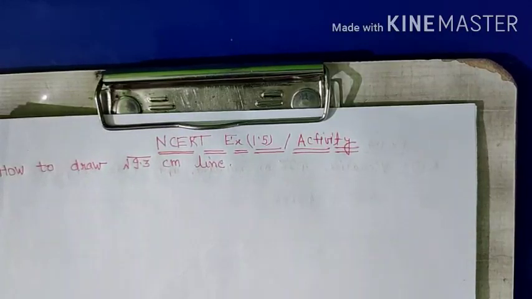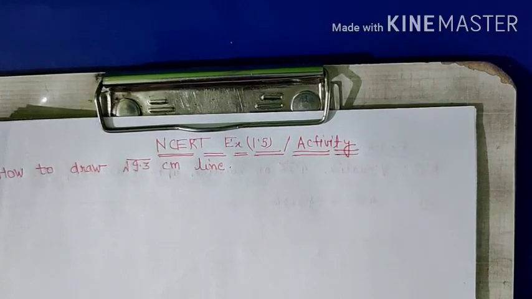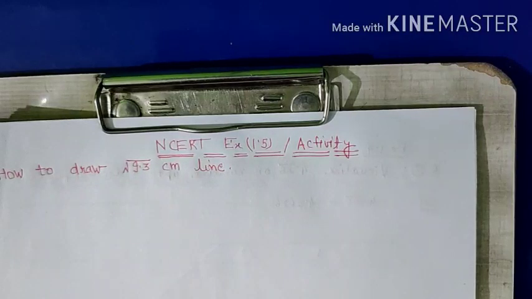Hello students. Today we will understand how to draw a root 9.3 centimeter line. This is part of NCERT exercise 1.5 and it is one of the activities which we will do in class 9th.